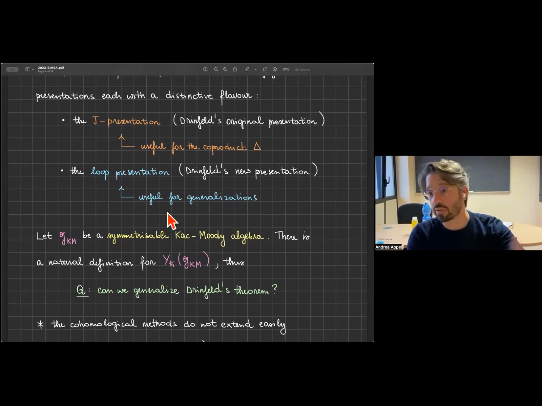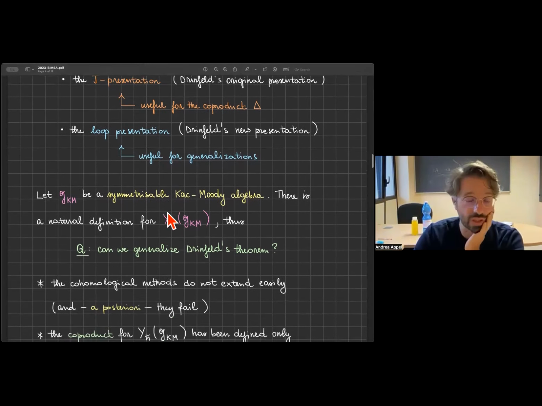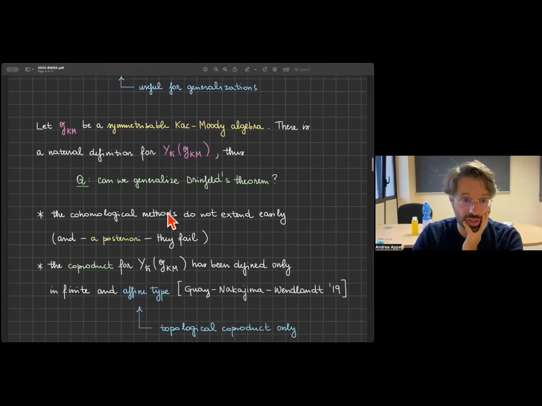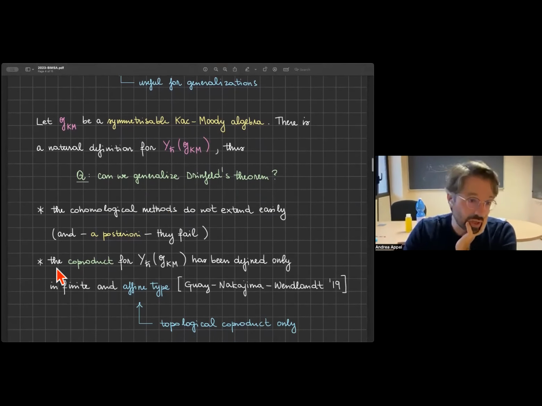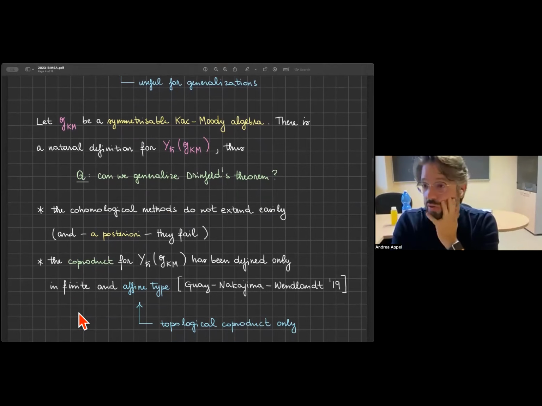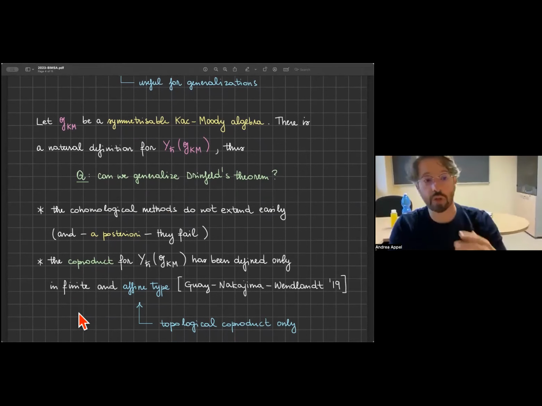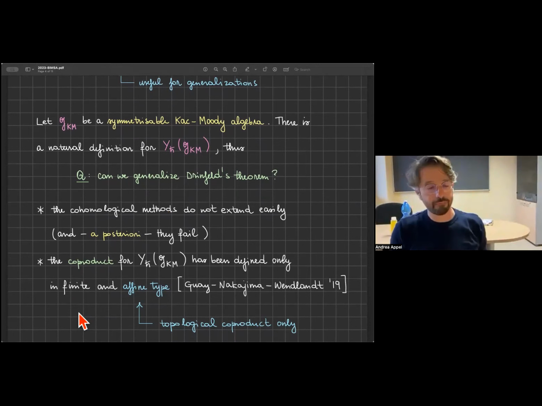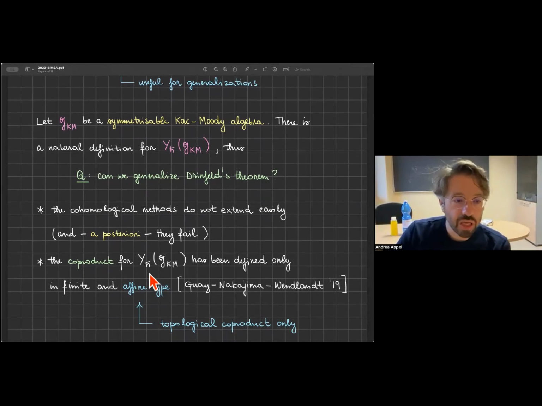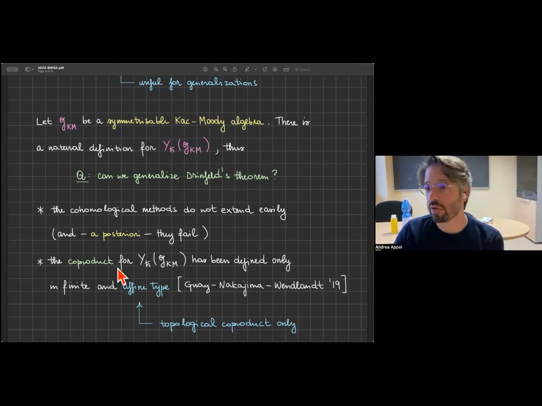So there is immediately somewhat of a problem with the coproduct. So in fact, when you look at this Kac-Moody Yangian, one big issue is precisely the question: does the coproduct exist? Does it even make sense to talk about whether there is an R matrix or not?